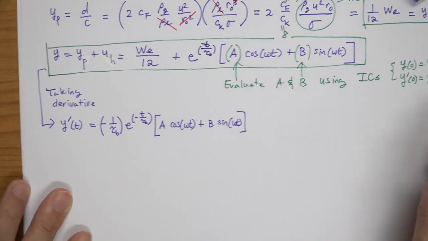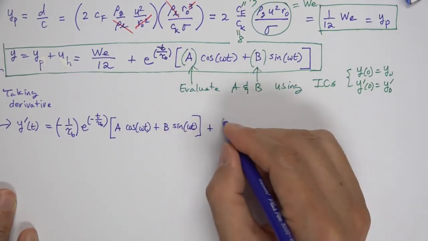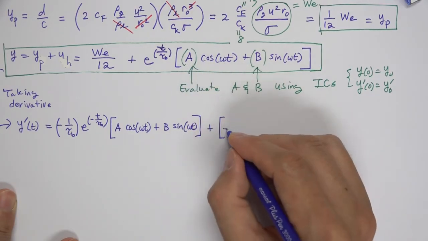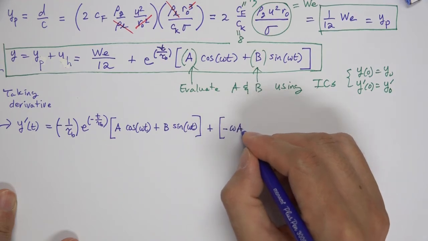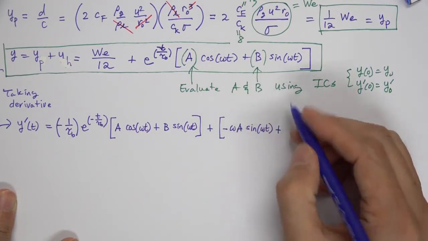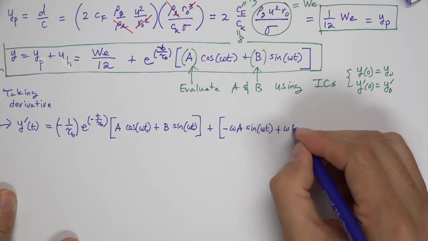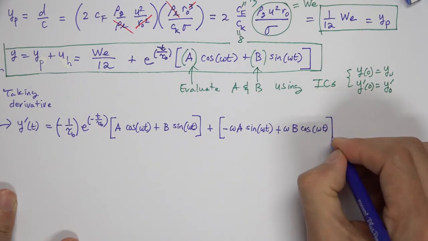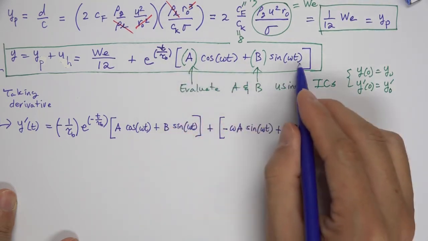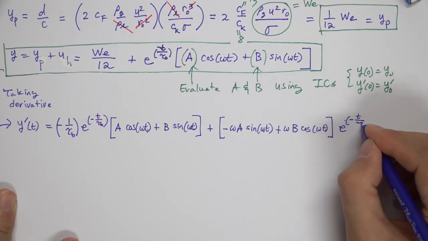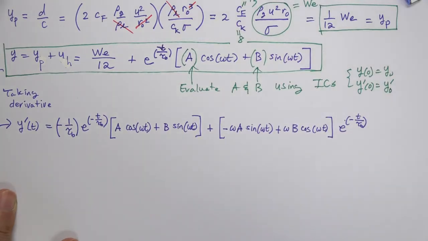Now I'm taking the derivative of that: minus omega a sine omega t plus omega b cosine omega t, times exponential minus t over tau b.